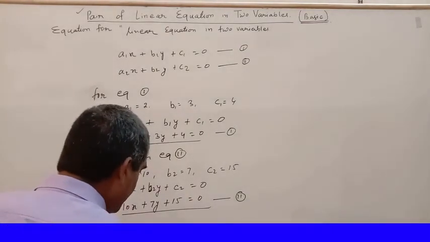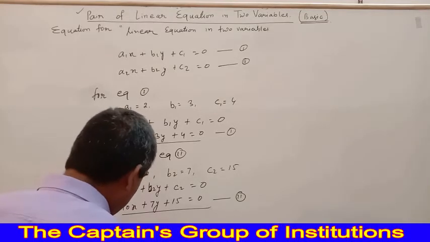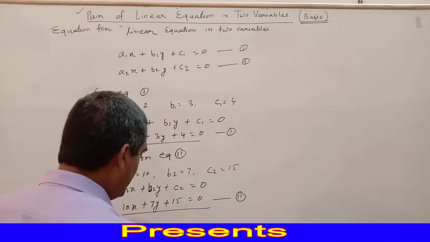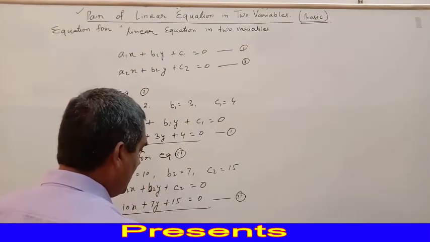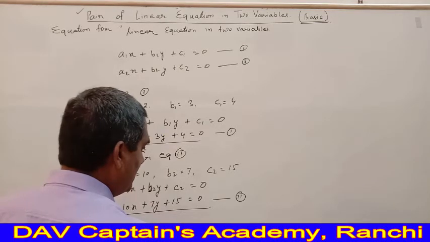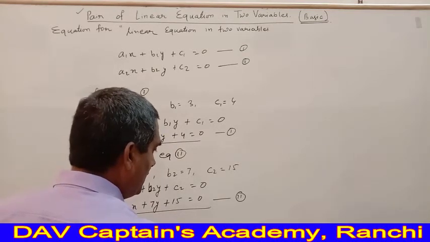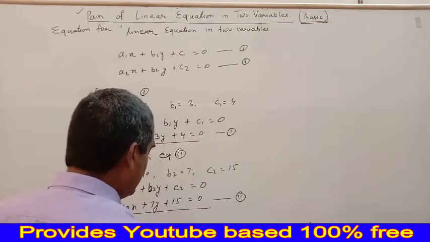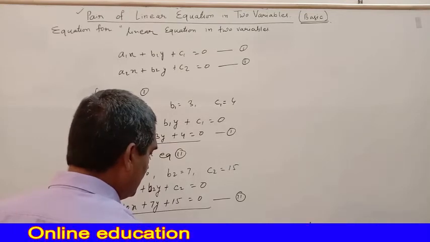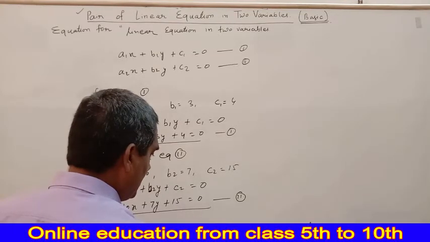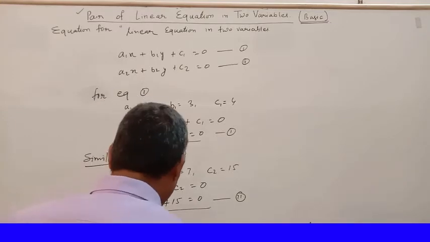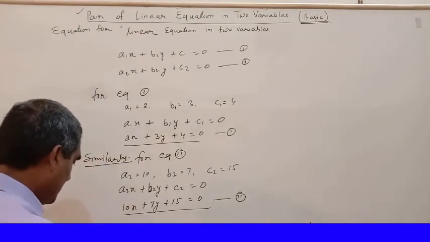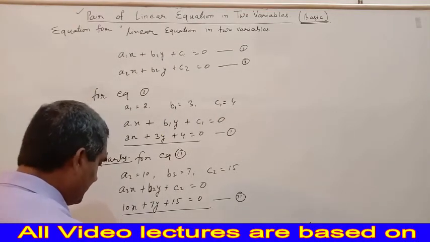So what will be the name of this equation? The name of this equation is a pair of linear equation in two variables. This is also called simultaneous equation.